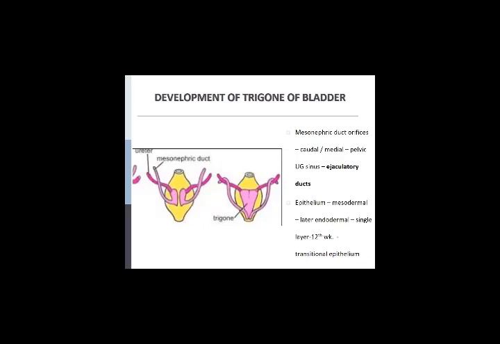In females, the caudal end of the mesonephric duct degenerates. The epithelium is mesodermal, but later on this is all replaced by endoderm, and it becomes endodermal epithelium by the 12th week. And then this endodermal epithelium changes to transitional epithelium.